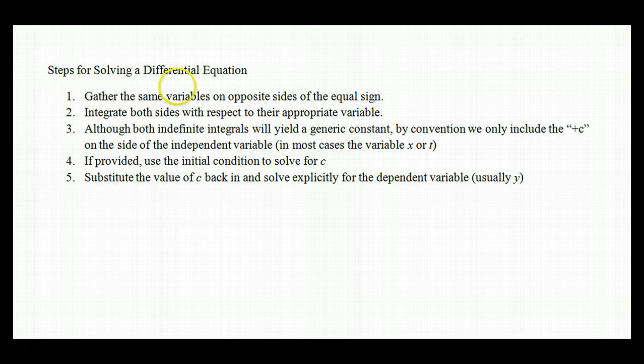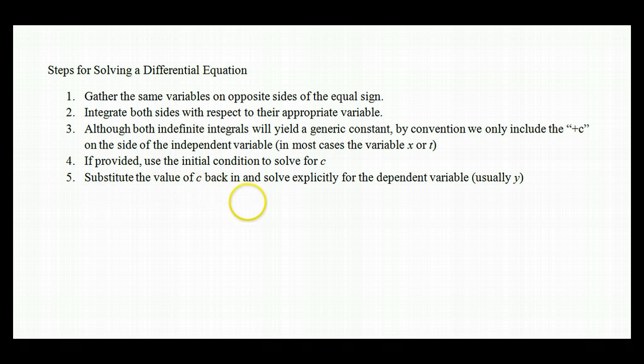Alright, so steps for solving a differential equation. We just walked through them, but to have them written out explicitly for you, the first thing we're going to want to do is gather the same variables on opposite sides of the equal sign. Then integrate both sides with respect to their appropriate variable. Next, even though both indefinite integrals will yield the generic constant, by convention we're only going to include that plus c on the side of the independent variable.